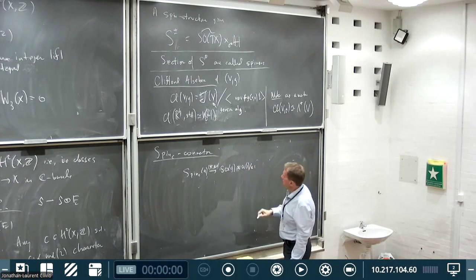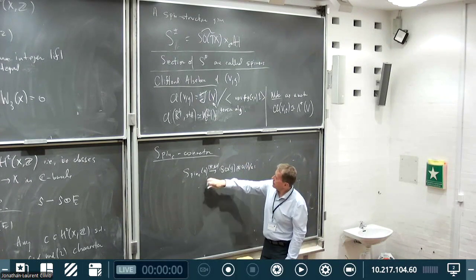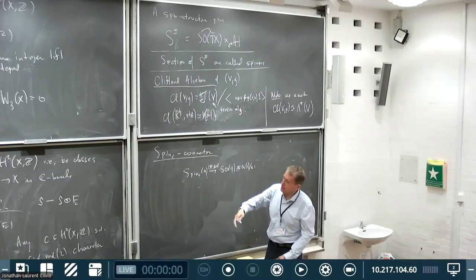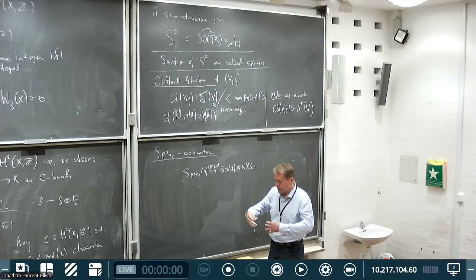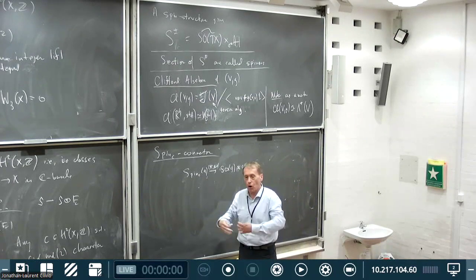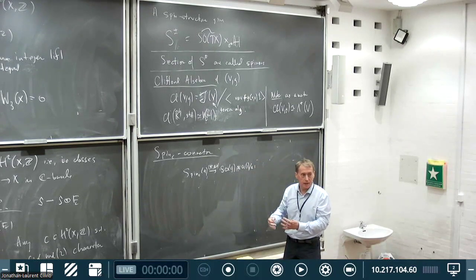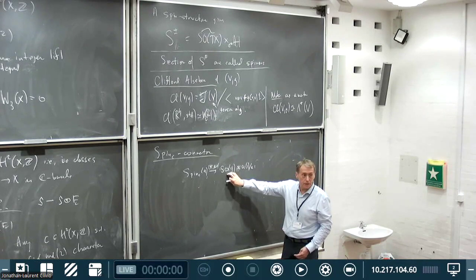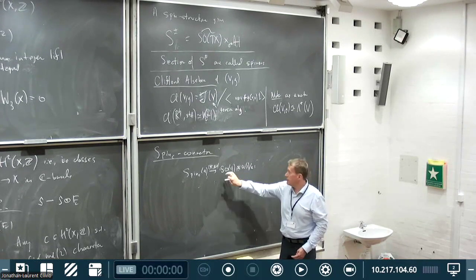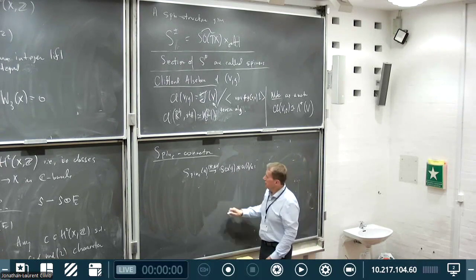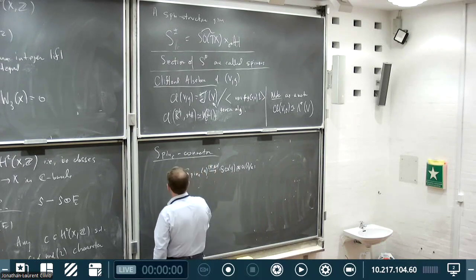And so if I think globally, a spin C structure in particular gives me a circle bundle over the frame bundle. And if I want to specify a connection in that, it's not enough to use the Levi-Civita connection, I need a connection in the determinant bundle. But a Levi-Civita connection and a connection in the determinant bundle give me a spin C connection.